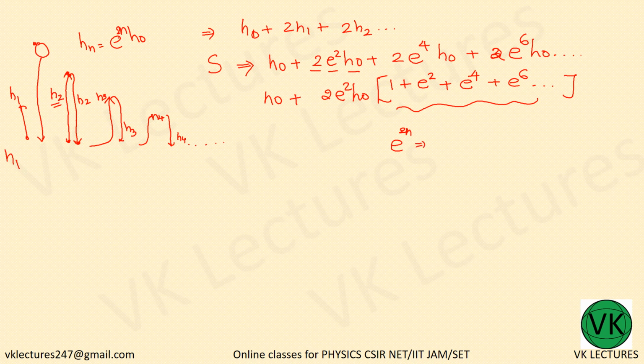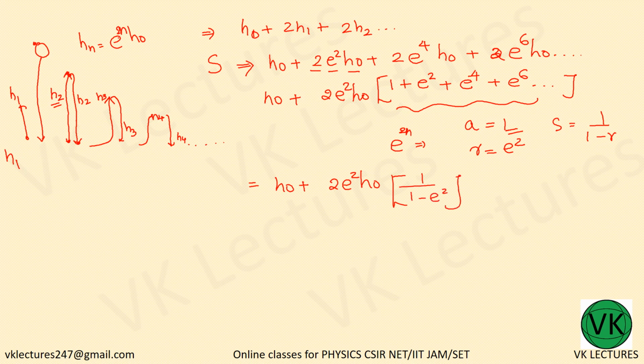That means your first term a is equal to 1 and r, the common ratio, is e square. Then how will you write the sum? Sum is nothing but 1 divided by 1 minus r, because your first term is 1. So you can write it as h naught plus 2e square h naught into 1 divided by 1 minus e square. Again, you can take h naught as common: 1 plus 2e square divided by 1 minus e square.